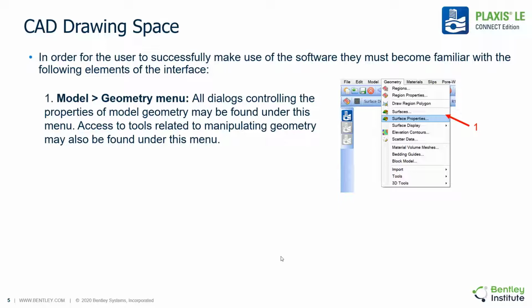This is the menu that provides options to adjust the display of the model geometry. All dialogues controlling the properties of model geometry may be found under this menu. This is the menu we're going to use to create the geometry, import the geometry, and also use some additional tools to adjust geometry if needed.